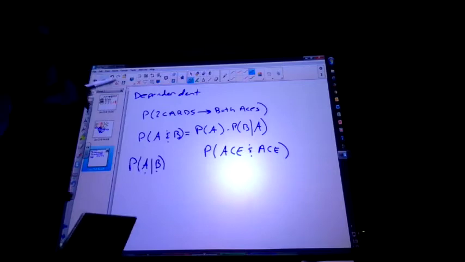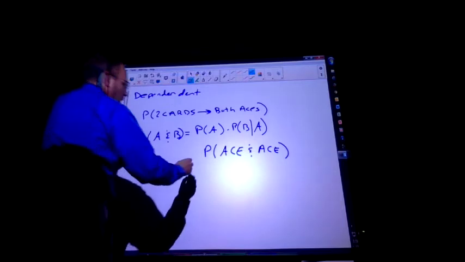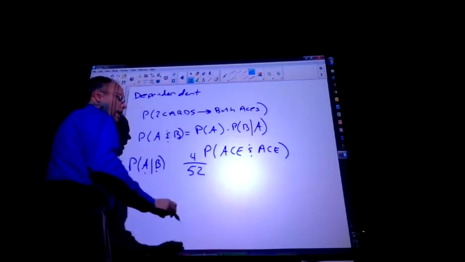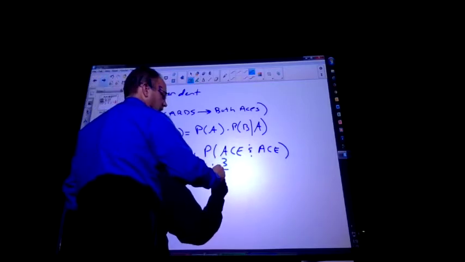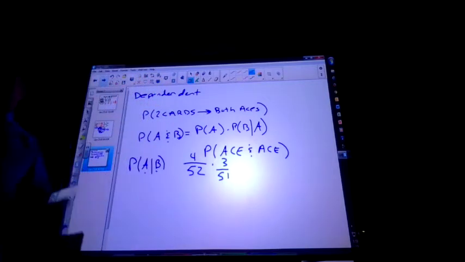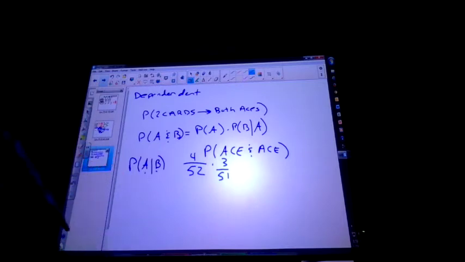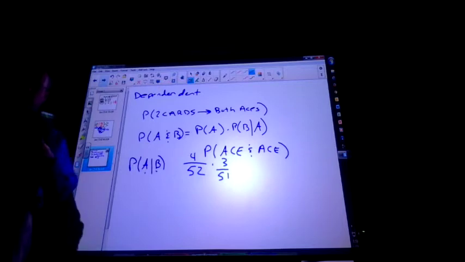Okay? So probability of an ace and an ace. So you're talking about 52 cards. There's 4 aces. Next event, 51. Multiply those together. You're going to get your probability. This would be the same thing if it was a queen and an ace or a king and an ace. Okay? One event has to take place for the other to take it on.